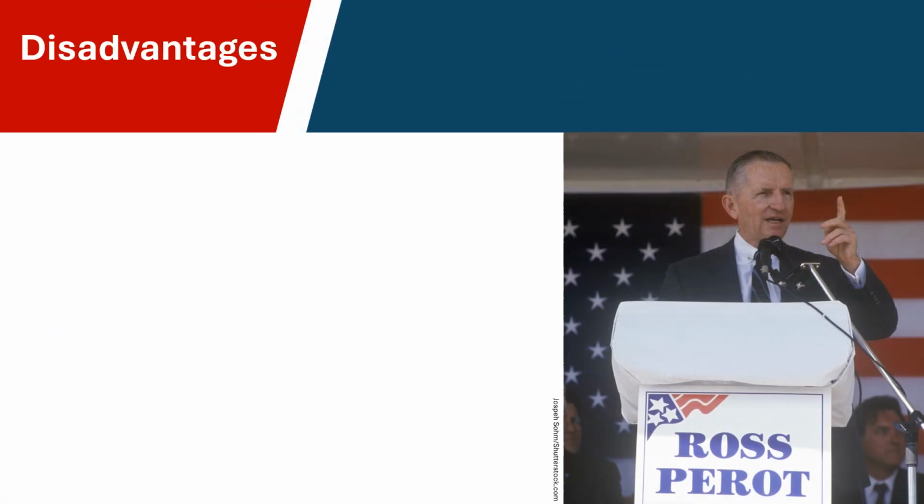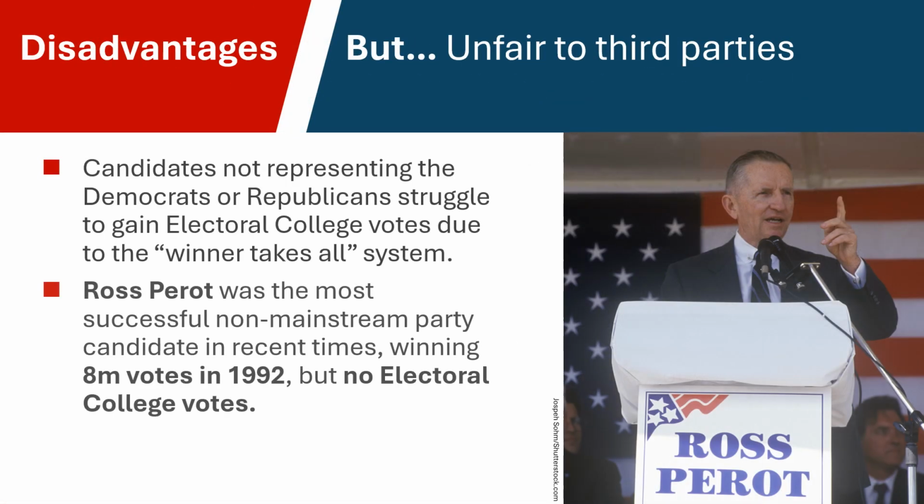However, a disadvantage is that by encouraging 2-horse races, the Electoral College is unfair to third parties. Candidates not representing the Democrats or Republicans struggle to gain Electoral College votes due to the winner-takes-all system, which exists in 48 states plus Washington, D.C. Ross Perot was the most successful non-mainstream party candidate in recent times, winning 8 million votes in 1992, but no Electoral College votes.